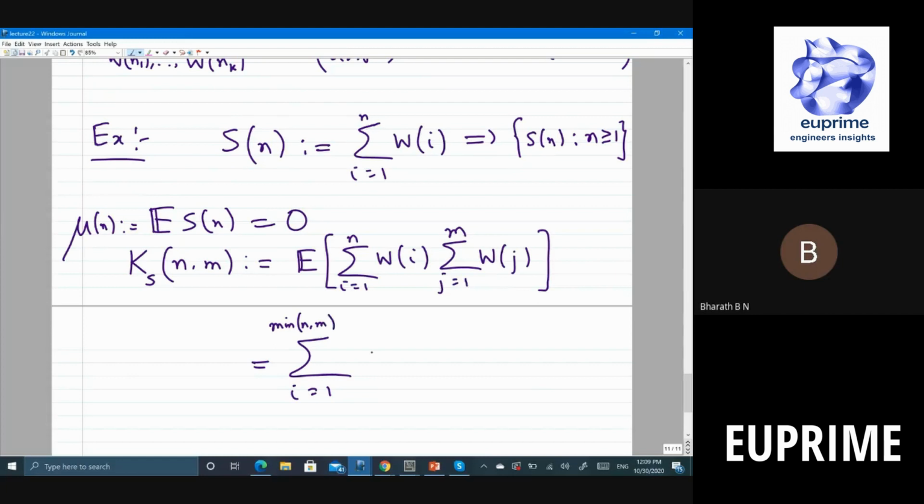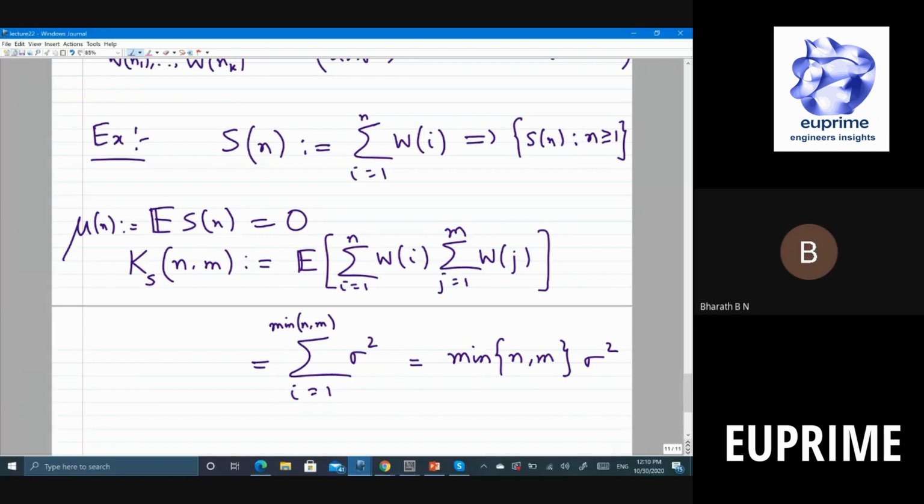The expected value of w i squared is sigma squared. So this is nothing but the minimum of n comma m times sigma squared. The covariance of n comma m is whichever is the minimum, n or m, times the variance. Is this fine?